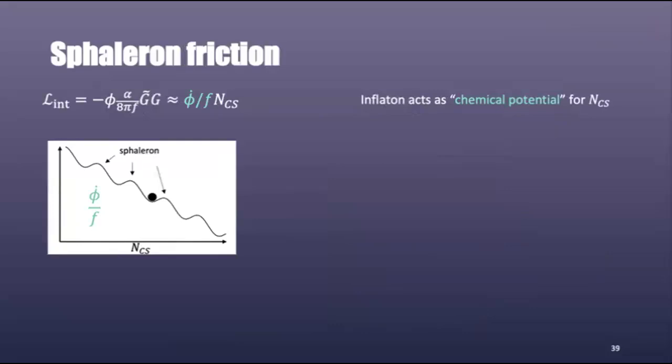But what happens here is if we integrate this by parts very roughly, we can write this as phi dot over f times this Chern-Simons number. And this inflaton field rolling gives a linear potential to our vacuum topology number. And it forces basically transitions between different vacuum numbers.